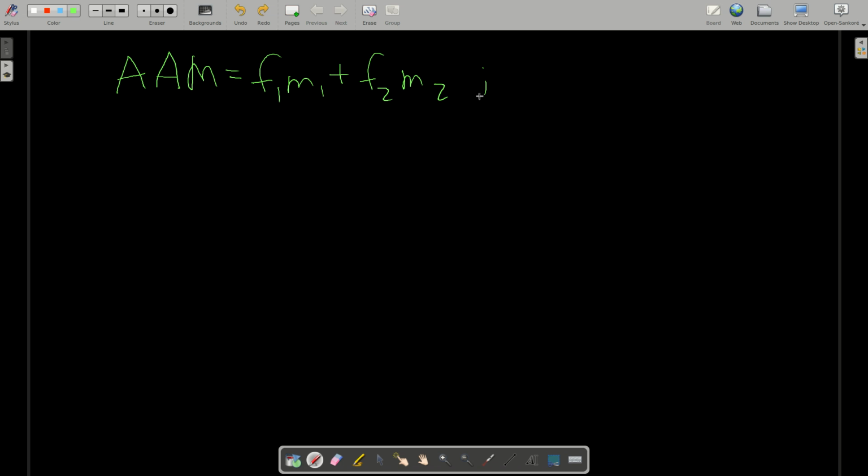So we can say it like this. That 1 is an exact number. So we can solve for either F1 or F2. Let's say we solve for F2. And now we can substitute in the original equation for F2. And it looks like this.